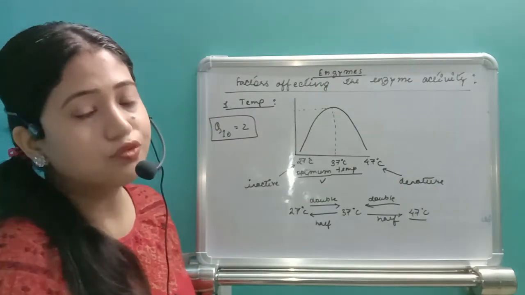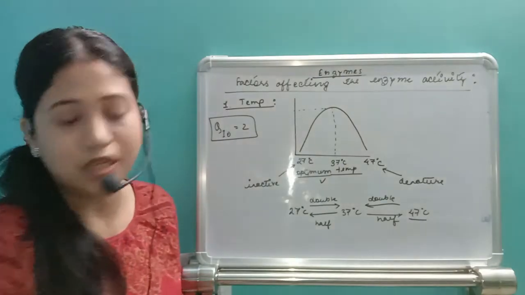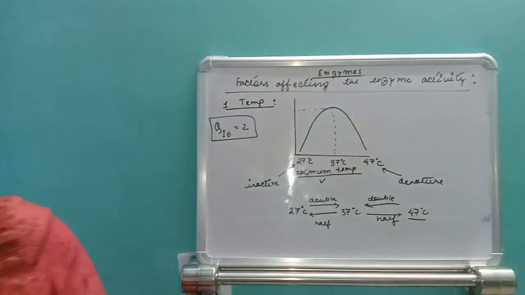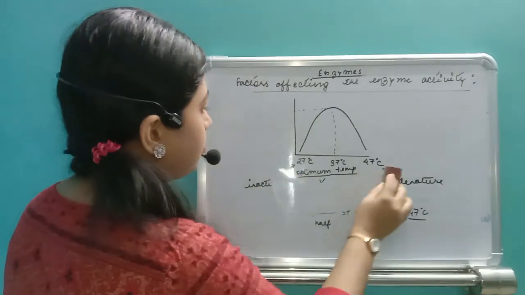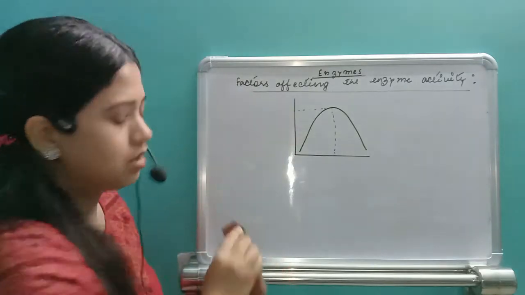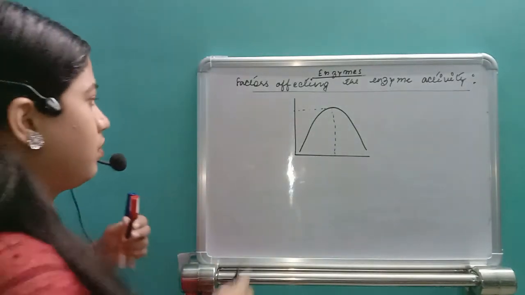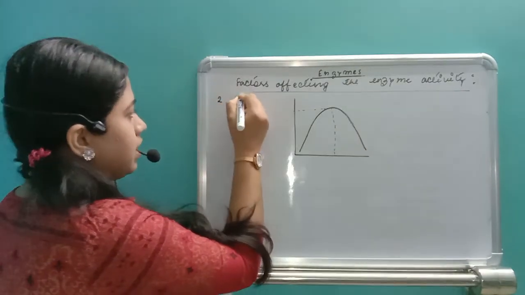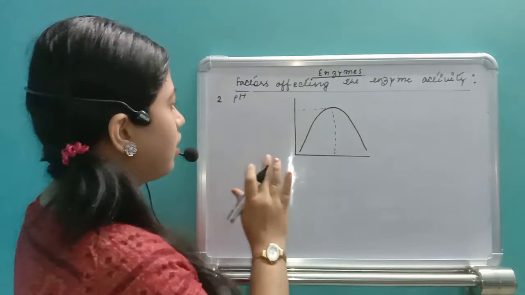After that, let us move to the next factor, that is pH. So what is happening with pH? In pH, you can see the same type of graph. The second point is pH.